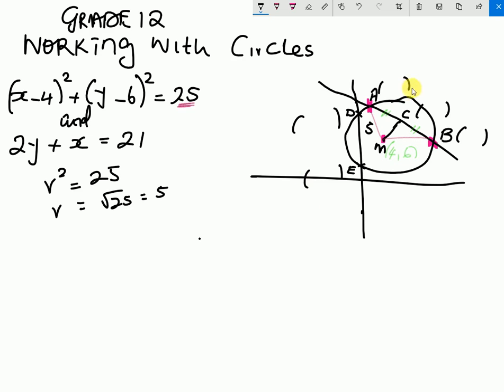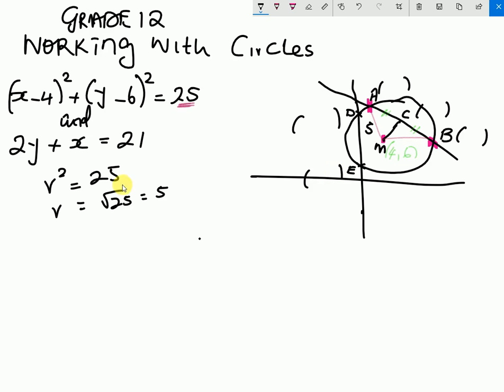They will ask you to find the coordinate of A, the coordinate of B, the coordinate of E, the coordinate of D, the coordinate of M, the radius. So this means that you need a little bit of the vocabulary of the analytical.